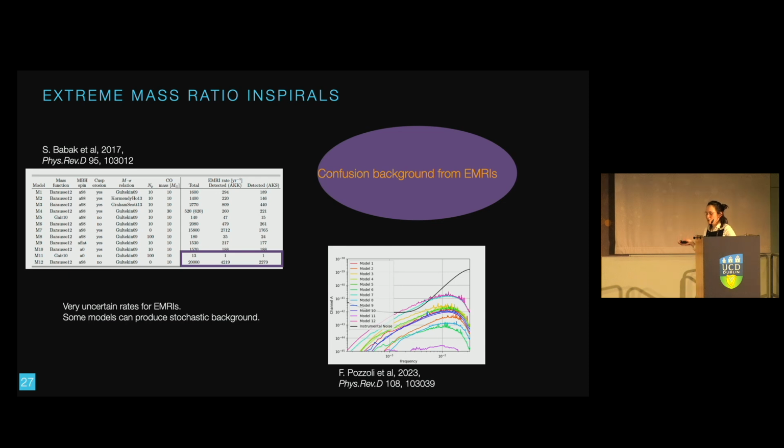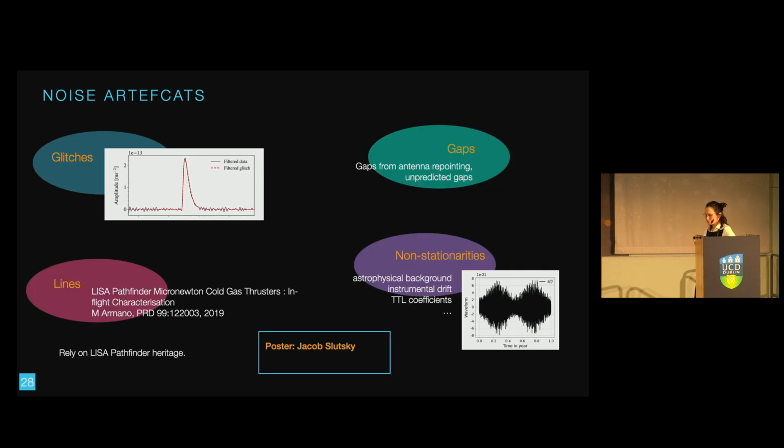And I want to finish the description of the EMRIs by saying that in addition to that, we have very uncertain populations of them. We say that at the moment we can see maybe from one to several thousands of them. If we have several thousands, that means we will also have the astrophysical backgrounds from EMRIs.